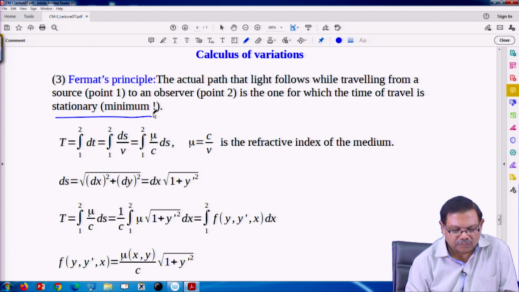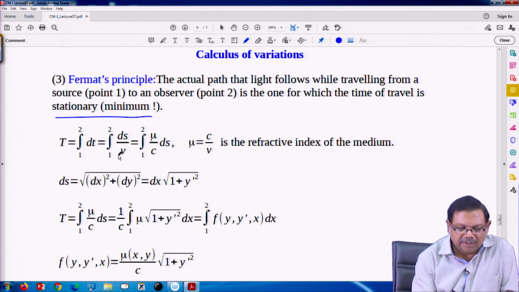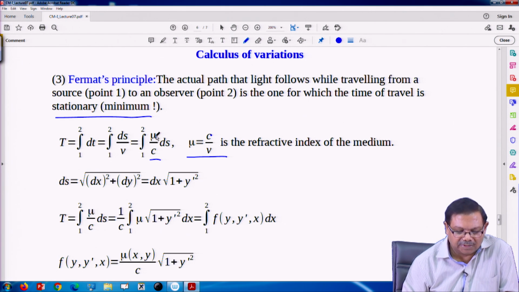So, time is dt, where dt is the elementary path length ds divided by the velocity in a medium, and that I can get through the refractive index. The refractive index is the velocity of light in air divided by that in the medium, so I can write v in terms of the velocity of light and the refractive index.